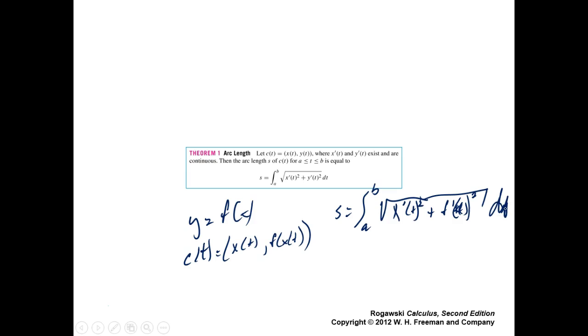But this time, if you divide everything here by dx/dt, let's see if that is indeed true. The square root of this thing squared, and leave that on the outside.